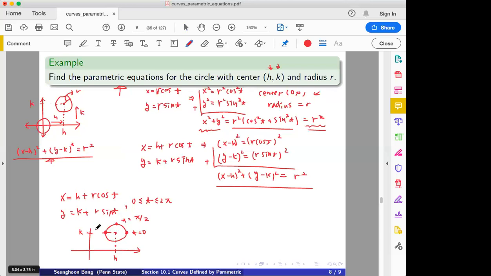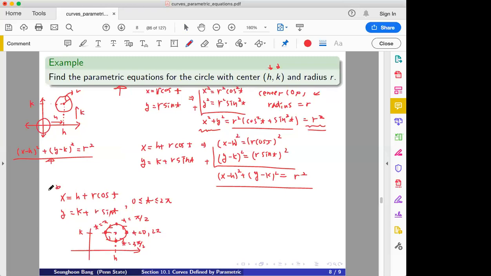This point, t value equals pi. This point, t value equals 3 pi over 2. So this point again, 2 pi. What's the direction? Direction is counterclockwise direction.